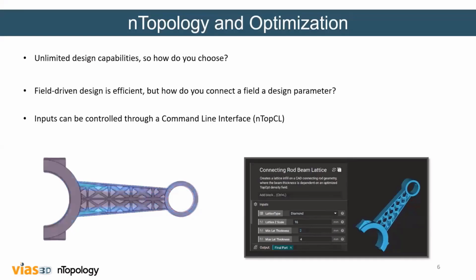And it's super open-ended. Anything you control with a click in nTopology can also be controlled from the command line or from some interface, which you could set up manually, or in this case, we've connected that interface to Process Composer.